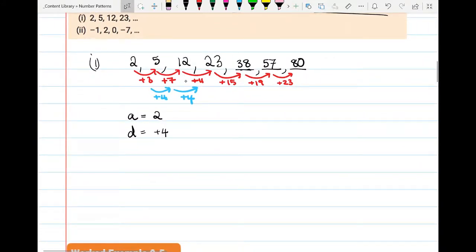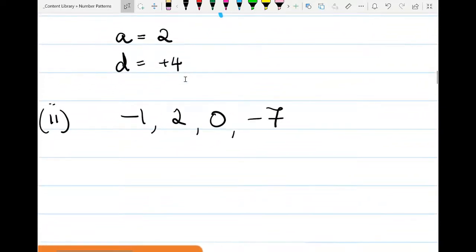Let's have another look at that. Minus 1, 2, 0, minus 7. That's the pattern we're given. So let's do an examination of that. From minus 1 to 2, we add 3. From 2 to 0, subtract 2, and from 0 to minus 7 we subtract 7.